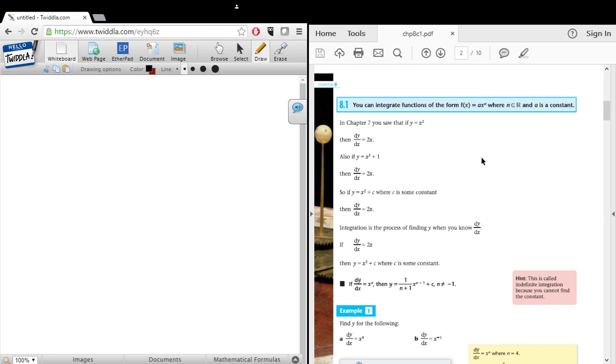8.1. You can integrate functions of the form f(x) equals ax^n, where n is an element of the reals and a is constant. In chapter 7 you saw that if y equals x squared, then dy/dx equals 2x. Also, if y equals x squared plus 1, you saw dy/dx equals 2x.